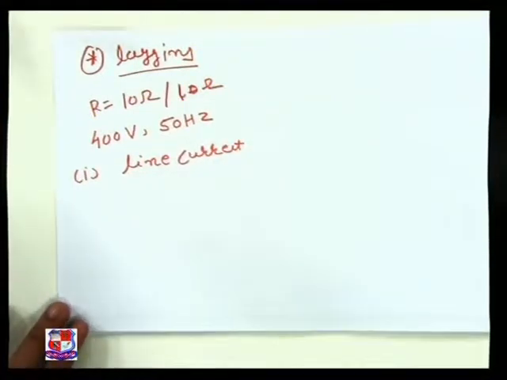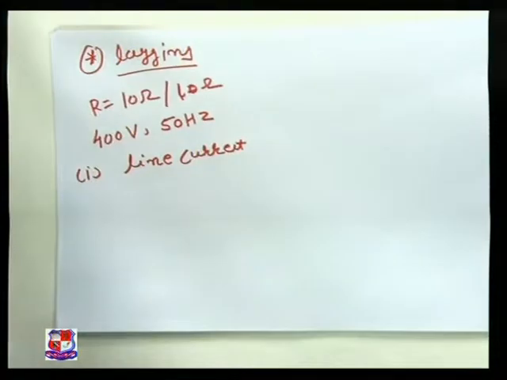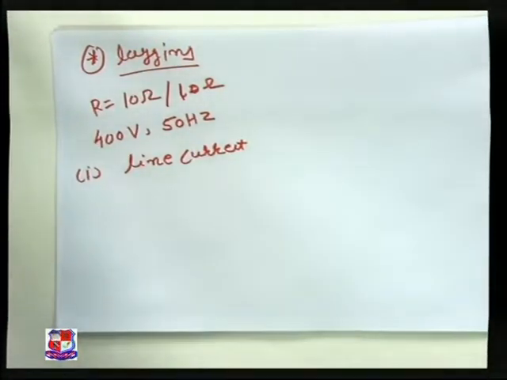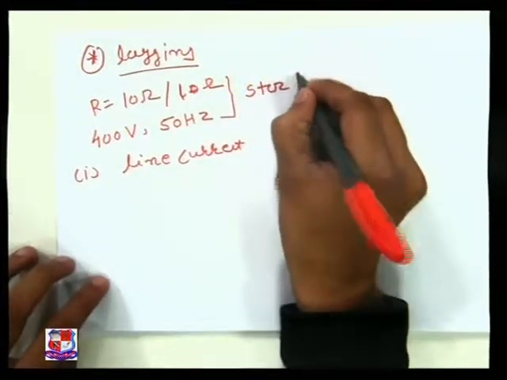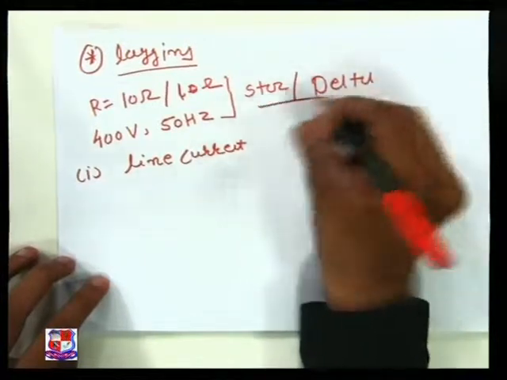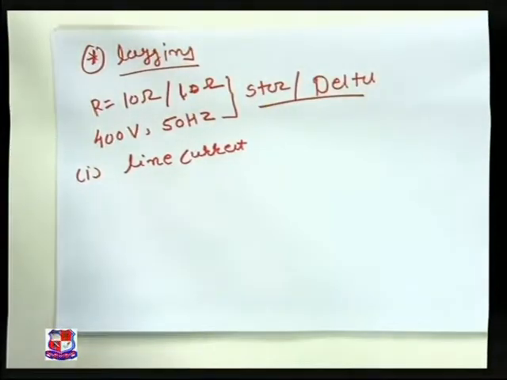Everyone has to ask in the question which connection it is, star or delta. If the connection is not defined, I request students to read the example carefully and see whether it is a star connection or a delta connection, because otherwise the equations of star and delta get mixed up.